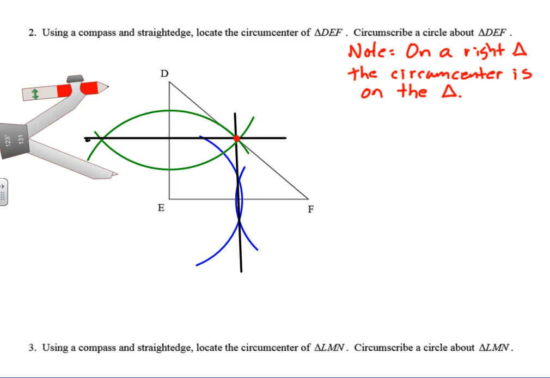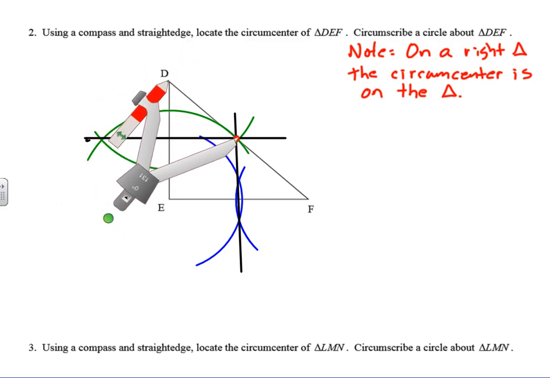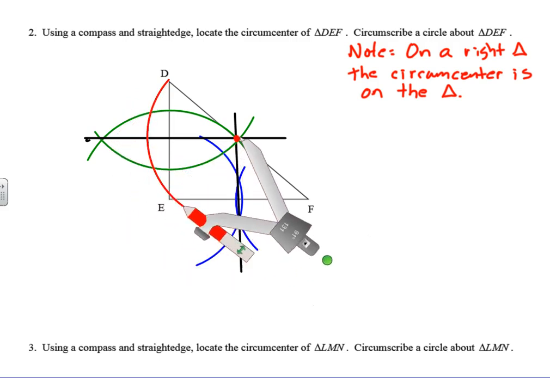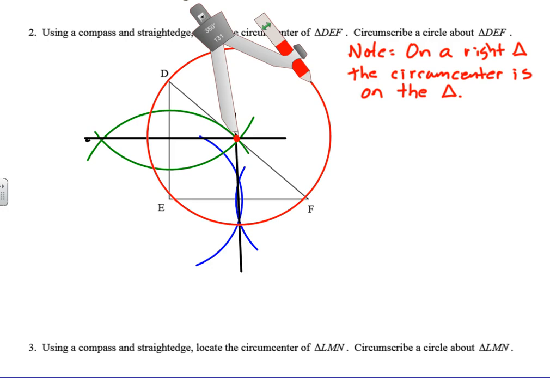So on this right triangle, you see that it's right on the hypotenuse. It's actually the midpoint of the hypotenuse that you get for the circumcenter. So we open it up here, and again, I'm just showing you that pencil thickness changes that a little bit based on where that is.